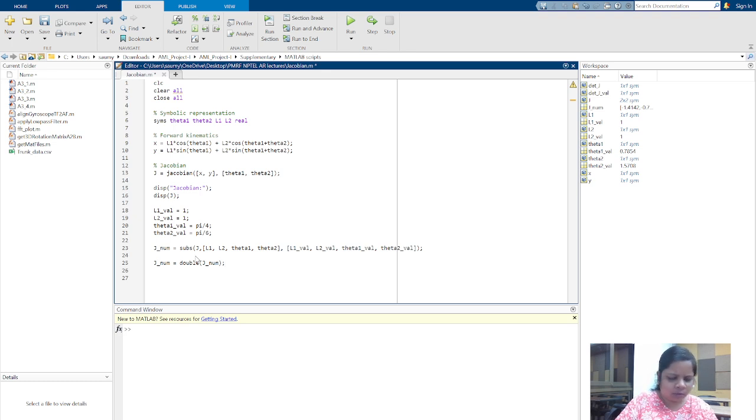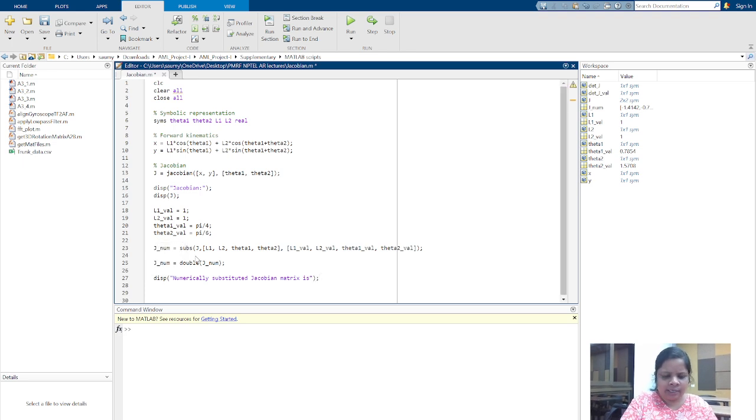Okay. After doing this, now we want to print the Jacobian matrix with all the values plugged in. So I'll write: numerically substituted Jacobian matrix is.